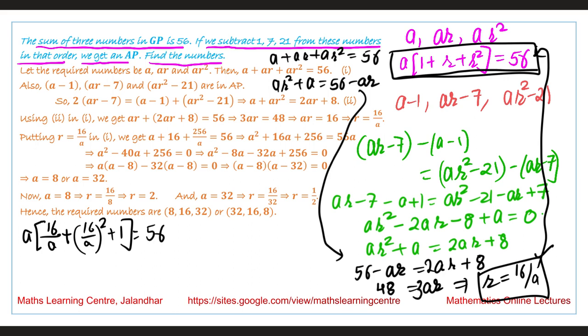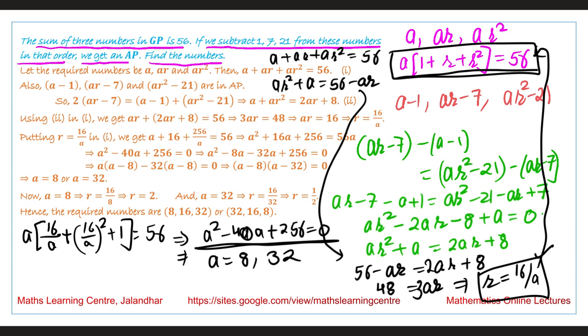If you solve this equation, you will obtain the quadratic equation A square minus 40A plus 256 is equal to 0, and when you solve this quadratic equation, you will obtain the value of A as 8 and 32. Corresponding to both these values, we obtain the values of R: corresponding to 8 it is 2, and corresponding to 32 it is 1 by 2.